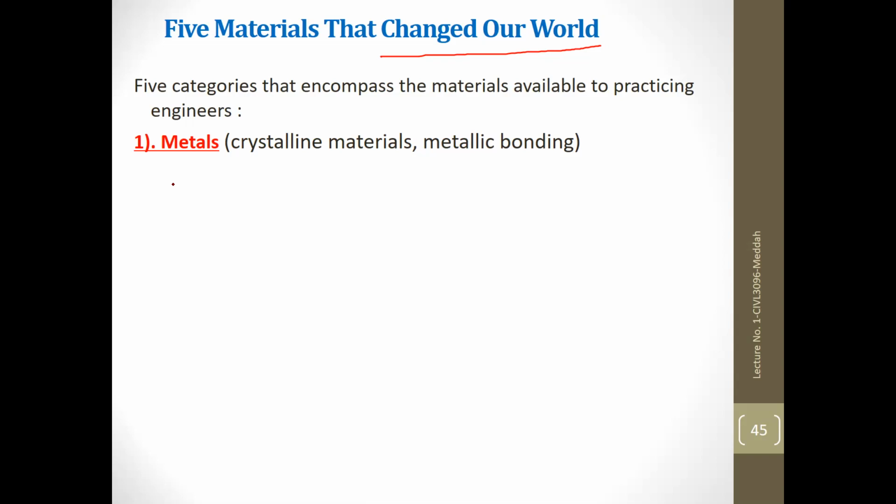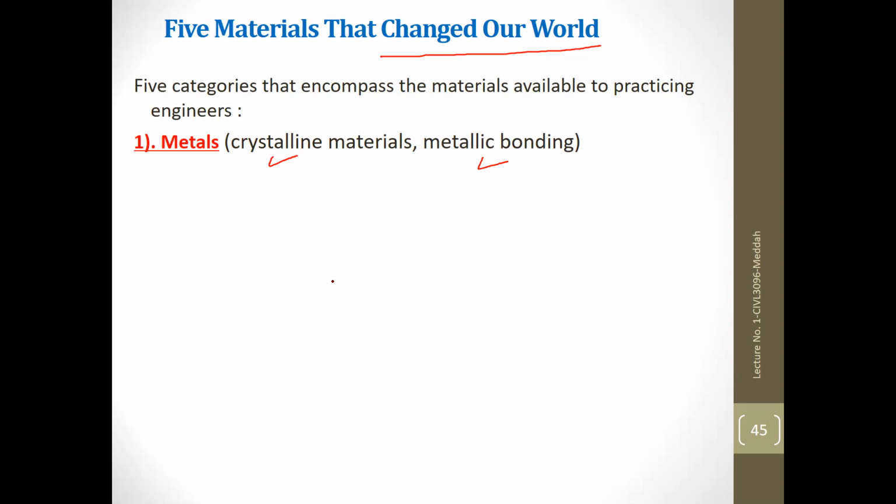We'll discuss them later in a bit more detail, but for instance, what characterizes metals is that they are crystalline, they are not amorphous, they are not non-crystalline materials. All metals are crystalline. And also, the chemical bonding in metals is metallic bonding.